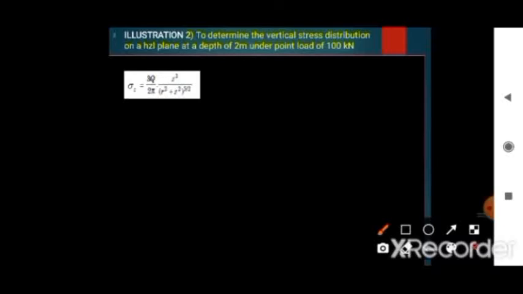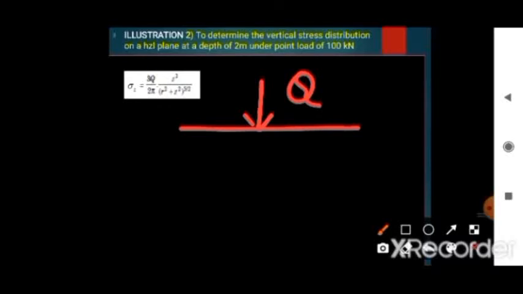Normally, if we take the vertical stress distribution diagram on a horizontal plane, it will be something like this. This is the q value, the magnitude of the point load. This is going to be the line of action. This is the horizontal plane we are talking about.